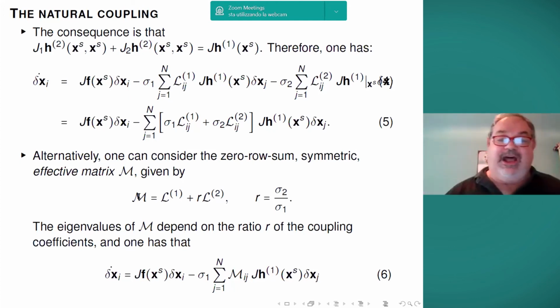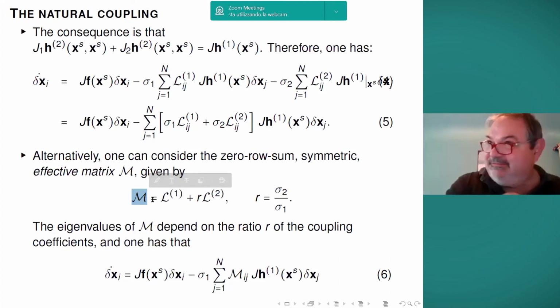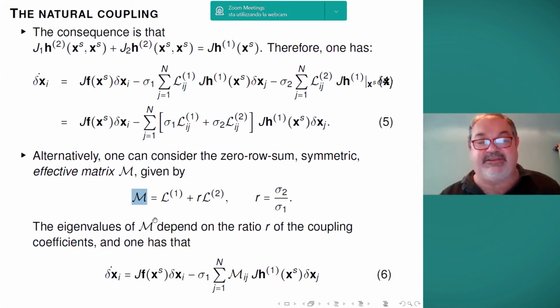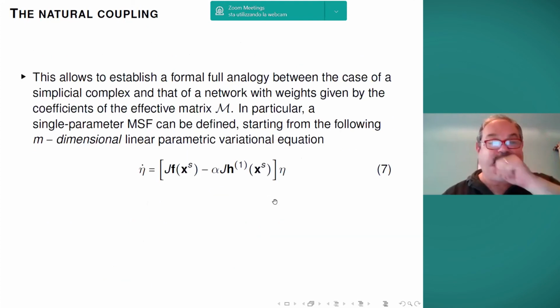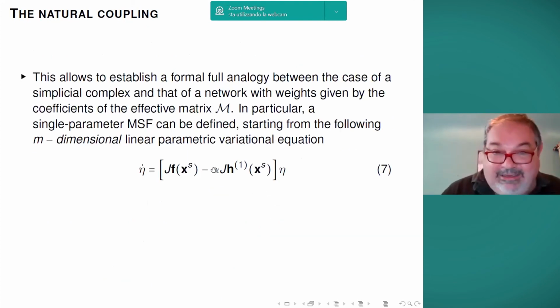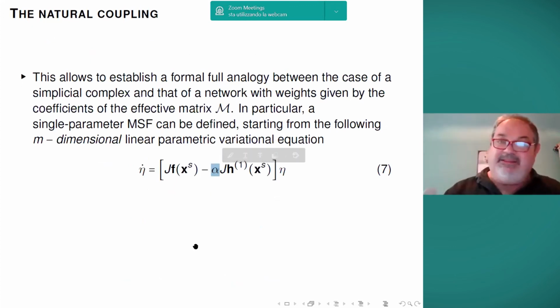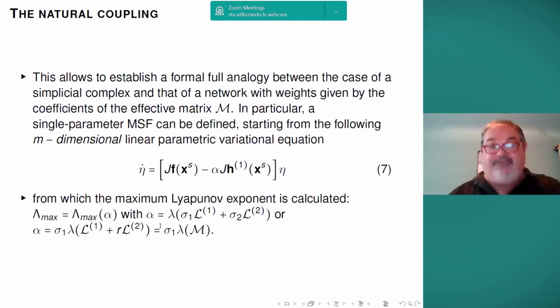And therefore now we can diagonalize with respect to this one matrix, the effective matrix. And when you do this, you eventually end up again with a unique, single-parametric variational equation for the projection of the vector, from which you can extract a maximum Lyapunov exponent.